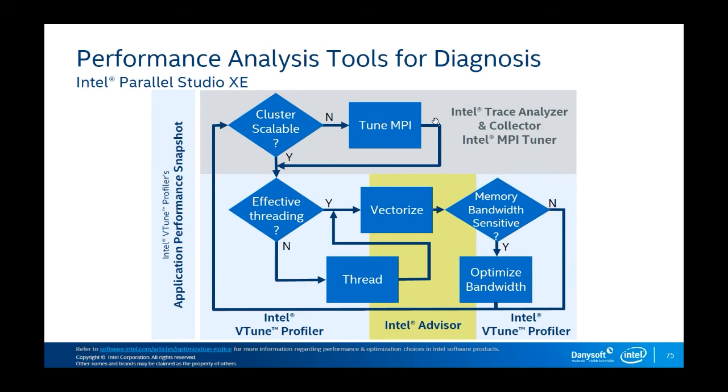In the case of using a cluster, issues related with load unbalancing and the overhead related with communication can be evaluated with the Intel Trace Analyzer and Collector, checking whether the MPI library is well optimized.